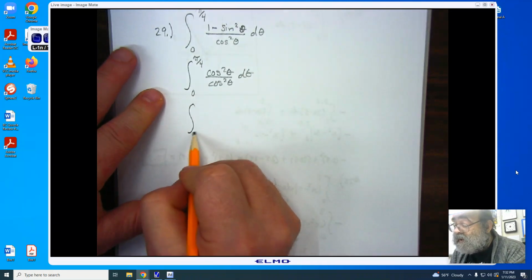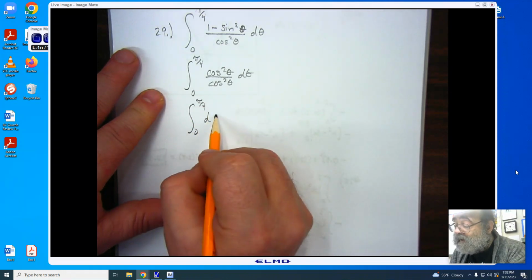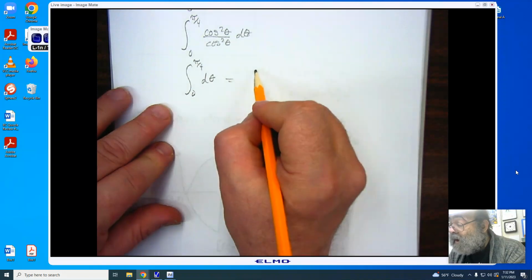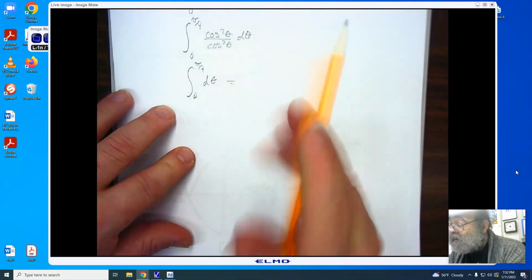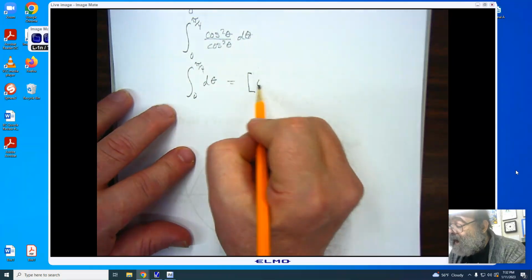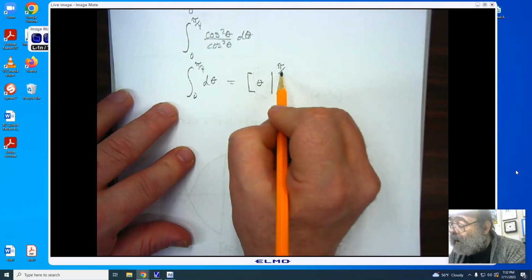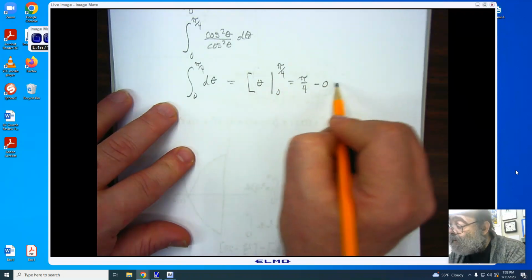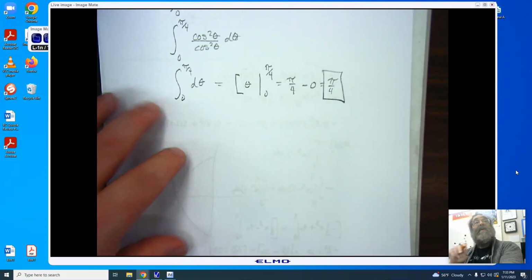And this is simply 0 to pi over 4 of d theta. Now, when we take our integral, we are left with theta. So we end up getting theta from 0 to pi over 4, and that's pi over 4 minus 0 equals pi over 4. And there's my answer.